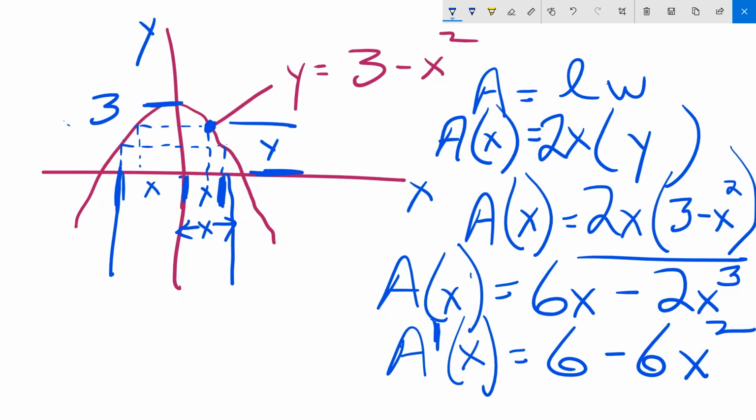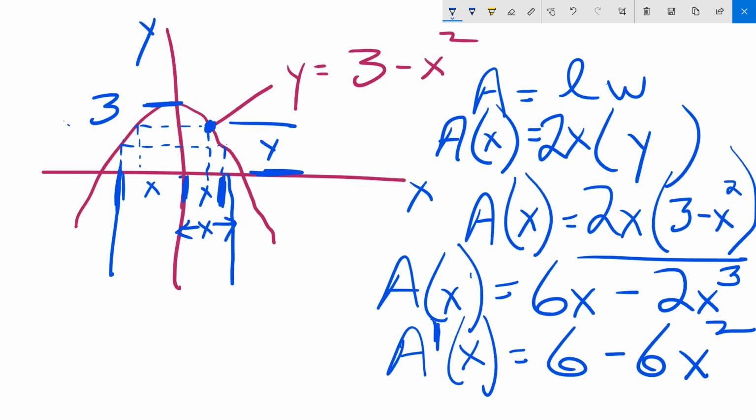Now, what's the next step? On optimization problems, this is always the next step. Where does the maximum occur in the original function, 6x minus 2x cubed?